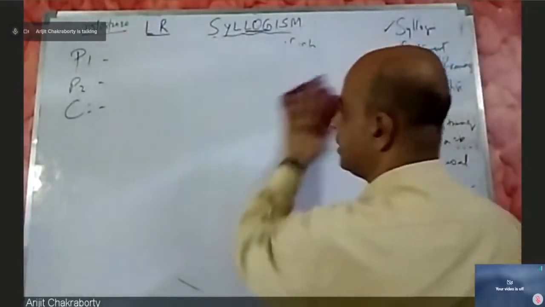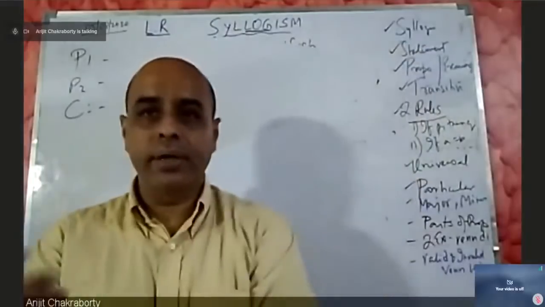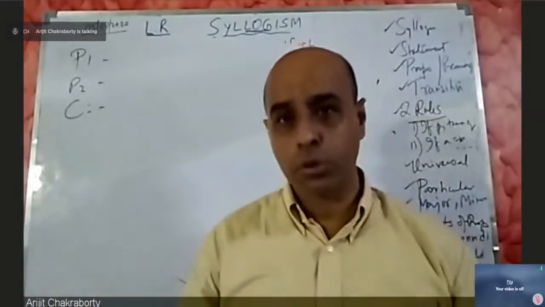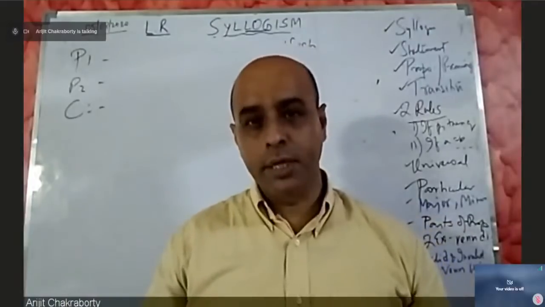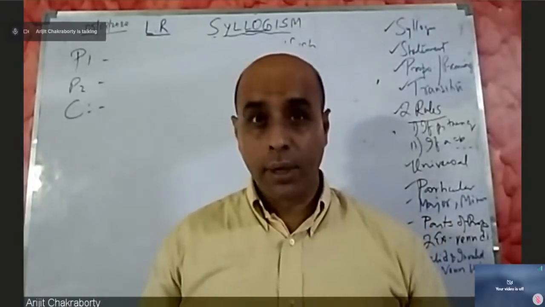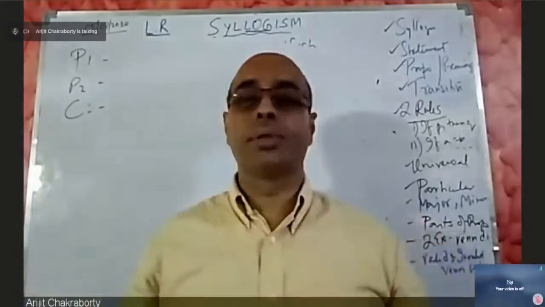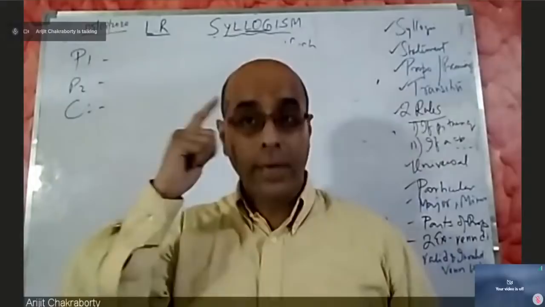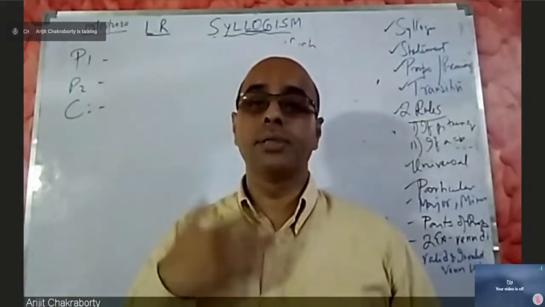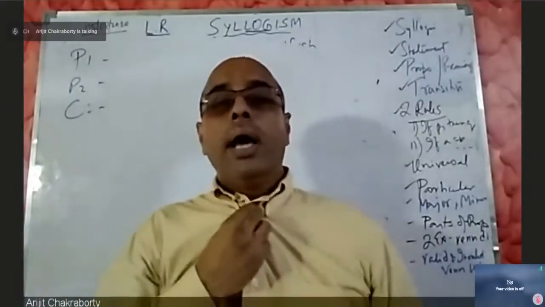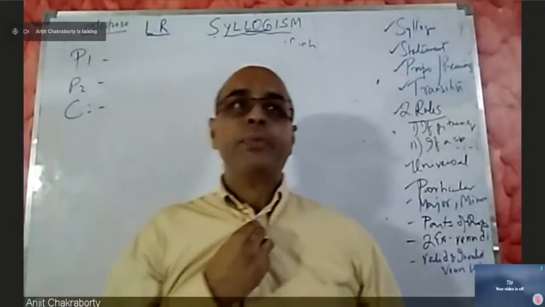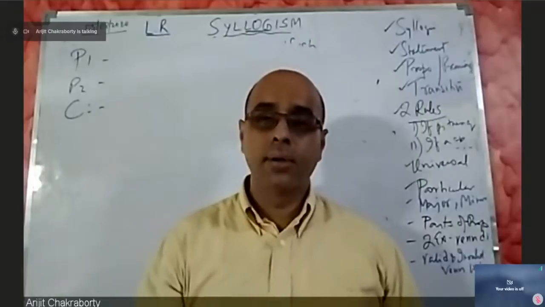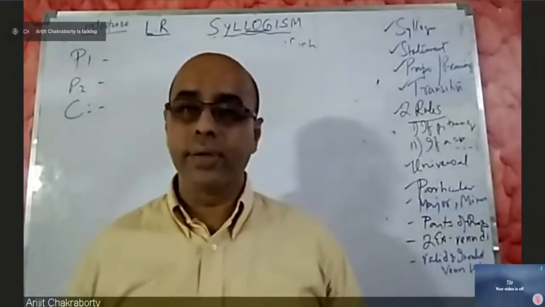You can see that ultimately we are dealing with statements and conclusions. So two statements followed by two conclusions. It could be multiple conclusions, 3 or 4, and you need to analyze and reason, use your common sense, use your logical reasoning power, and provide your opinion whether the conclusion is valid or not. That is what you will get in the exam.